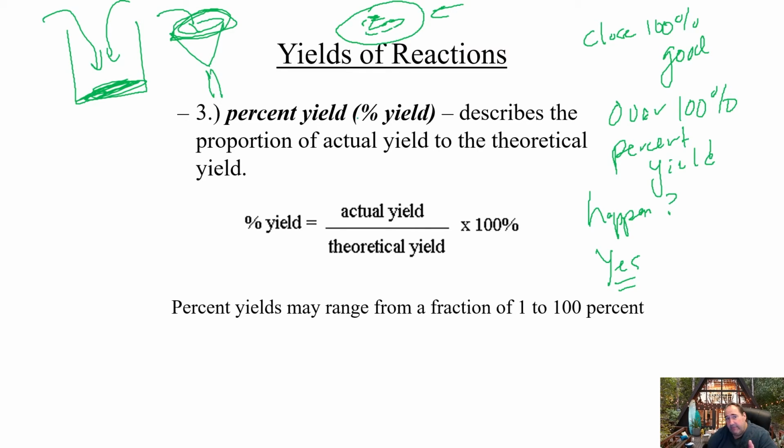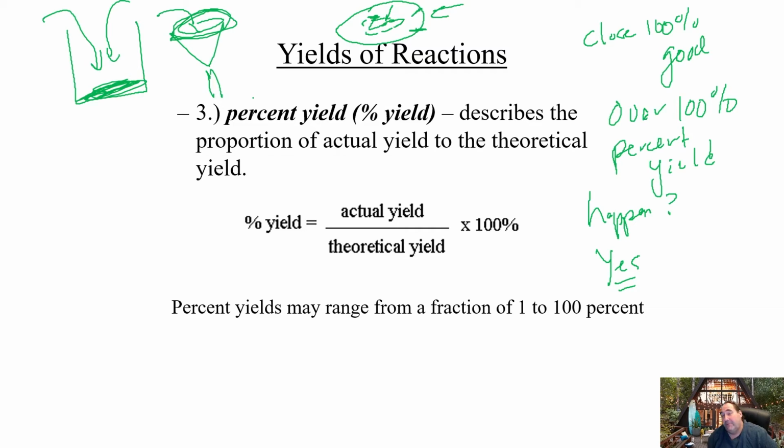Let's say you did not wait for the filter paper or your solid to dry. That means you still have a lot of water weight on your filter paper, maybe on your salt. When you reweigh it, you're going to have a much higher mass than you actually should, because you have all this excess water that should not be there. That's an error, and you will get something like over 100% yield.